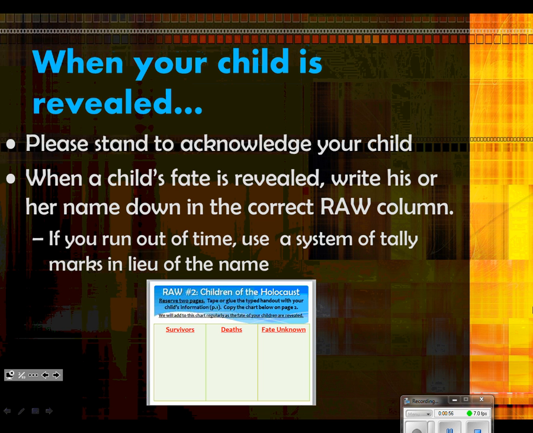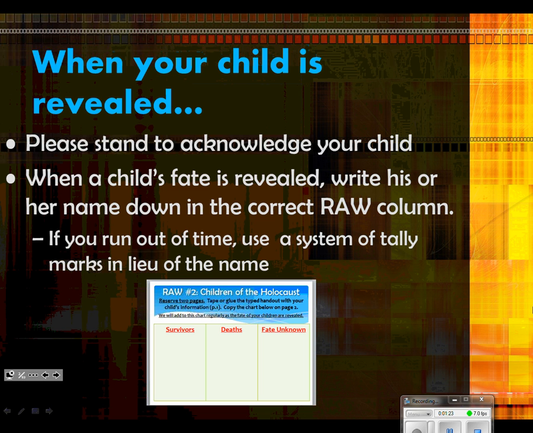All right, now how this is going to work, each day, beginning of the class period, we're going to walk through about 3, sometimes 4 or 5 children, and you're going to be writing down their name or a tally mark of where this child kind of rested at the end of that Holocaust period. So if they were a survivor, if they were a victim and they died, or if their fate was unknown or undetermined.